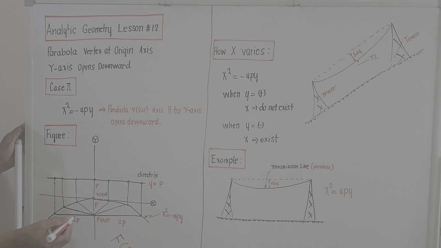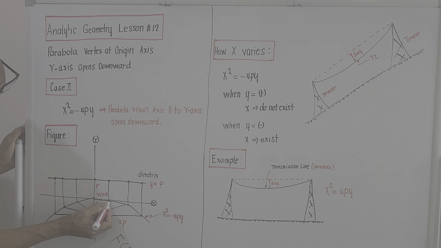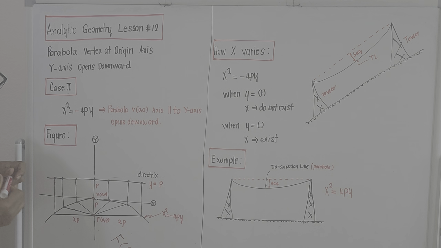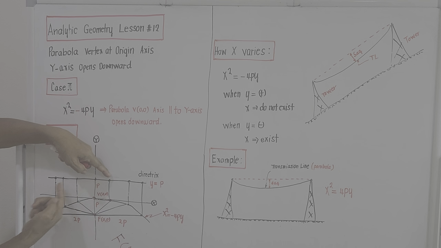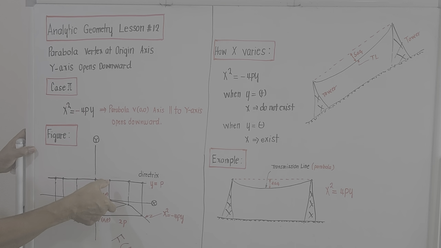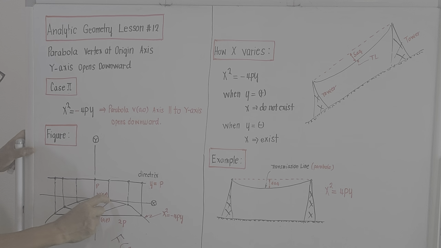And as the point moves, if we move this point here and measure the distance of this point from the fixed line, which is this, and from the fixed point, which is this, this length here should be equal to this. So it generates this point here, and the path of that will be this.